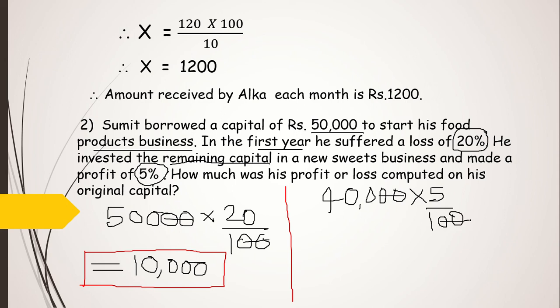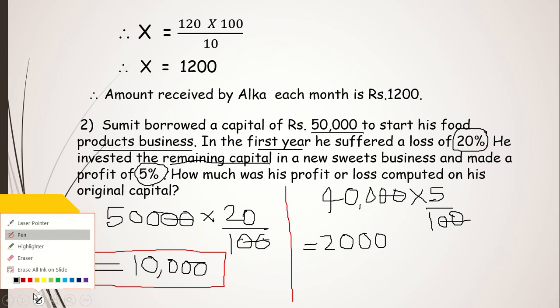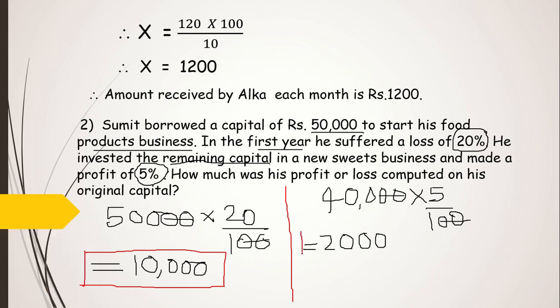The 2 zeros will go. 5 4s are 20, and the 2 zeros, so that's 2,000. So his profit was rupees 2,000.